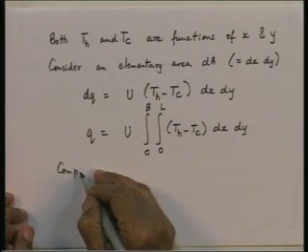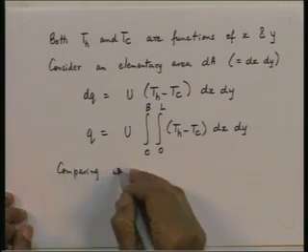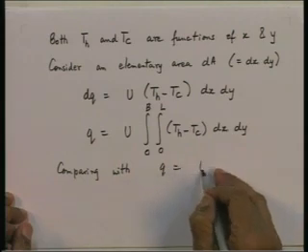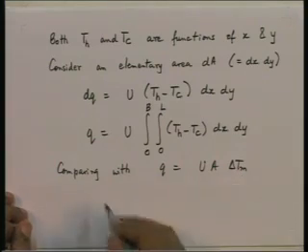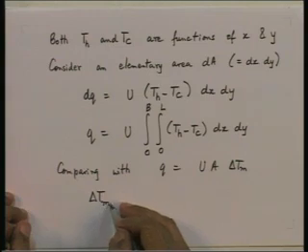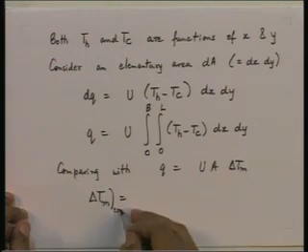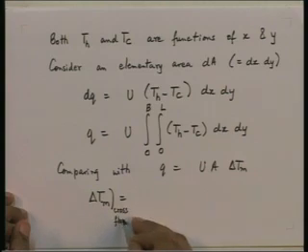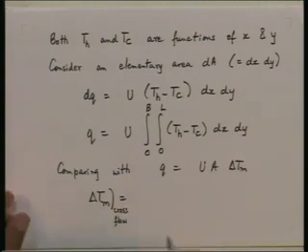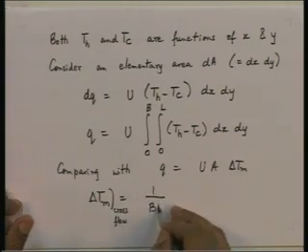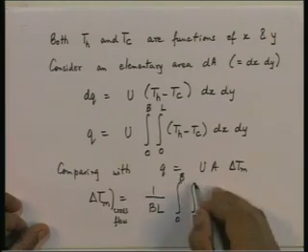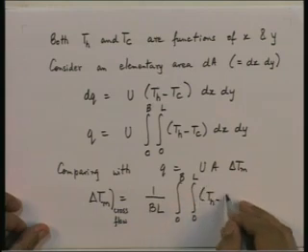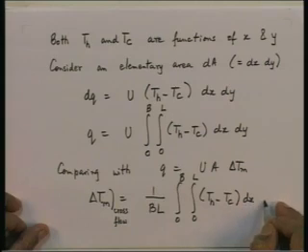Therefore, we can see straight away, comparing with our basic equation Q is equal to U A delta T m, that is our basic equation, we have delta T m for cross flow is equal to 1 upon B L, the double integral from 0 to B, 0 to L, of (T h minus T c) multiplied by dx dy.